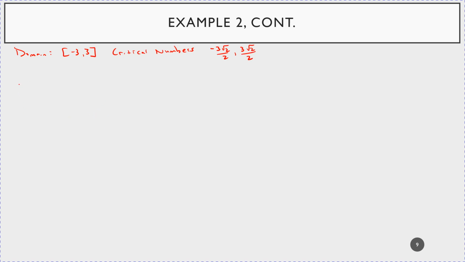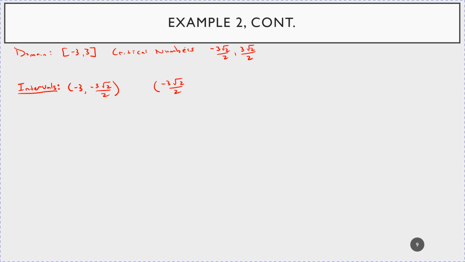All right, you need your intervals, so set those up. You're going to start here at the left end of the domain, so it's going to be negative 3, and then you ask what's the next critical value? It's negative 3 square root of 2 over 2. Then you pick up right at negative 3 square root of 2 over 2, and you don't go to 3.